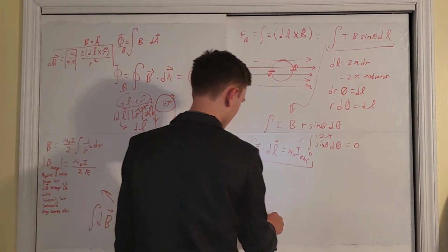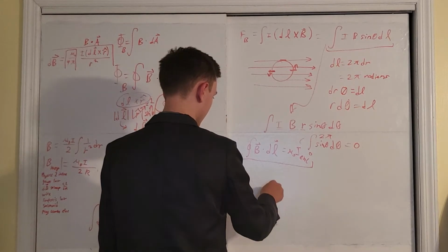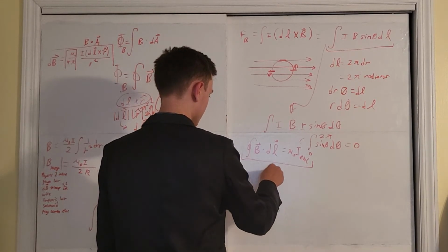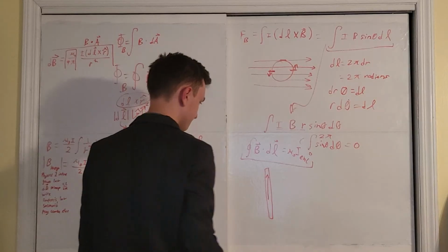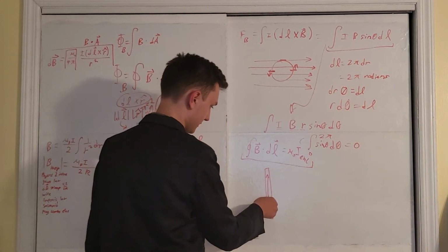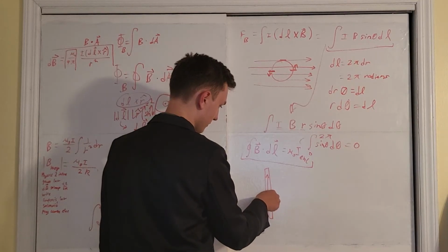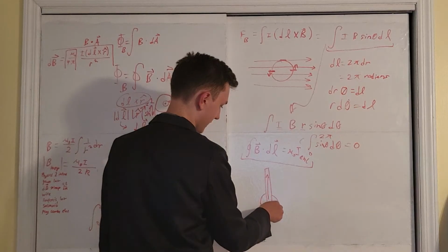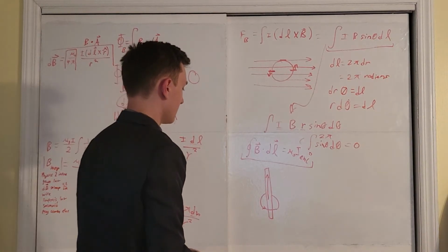If I were to perform an analysis on a current carrying wire in which current is flowing in this direction, as we already know, if we do the right-hand rule, our magnetic field is going to be wrapping around our conductor as such, okay?